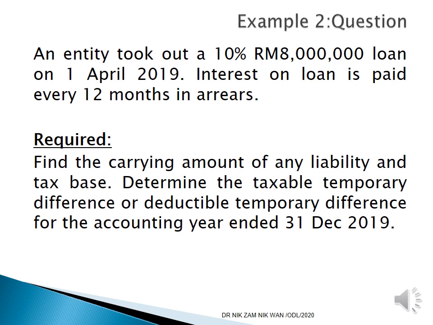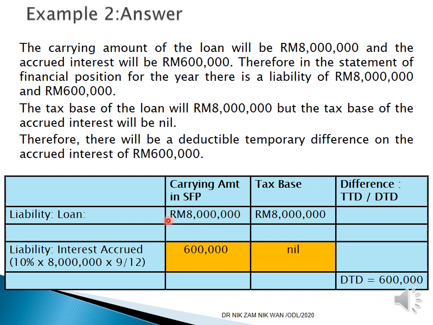So this is a liability. You use the same columnar table, with a carrying amount column and a tax base column. If we look at the loan, which is a liability, the amount in your statement of financial position is 8 million. For tax base it is also 8 million.